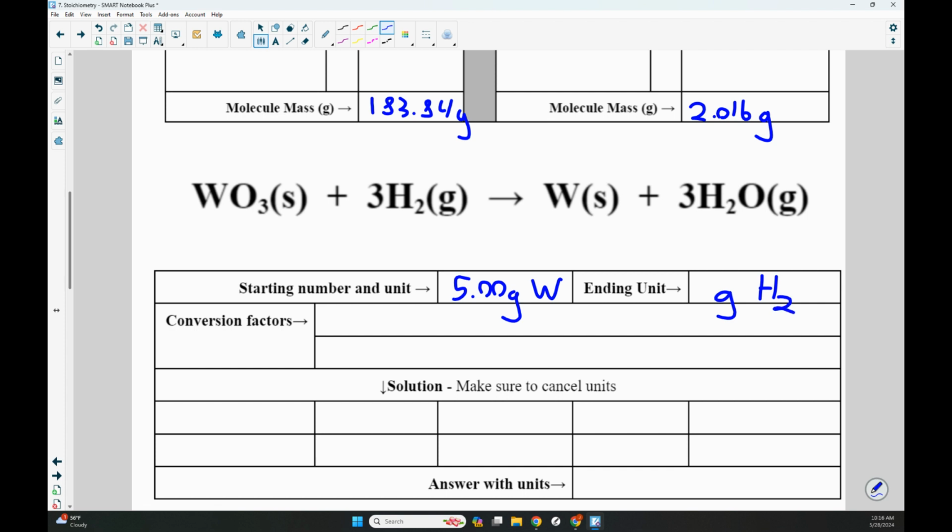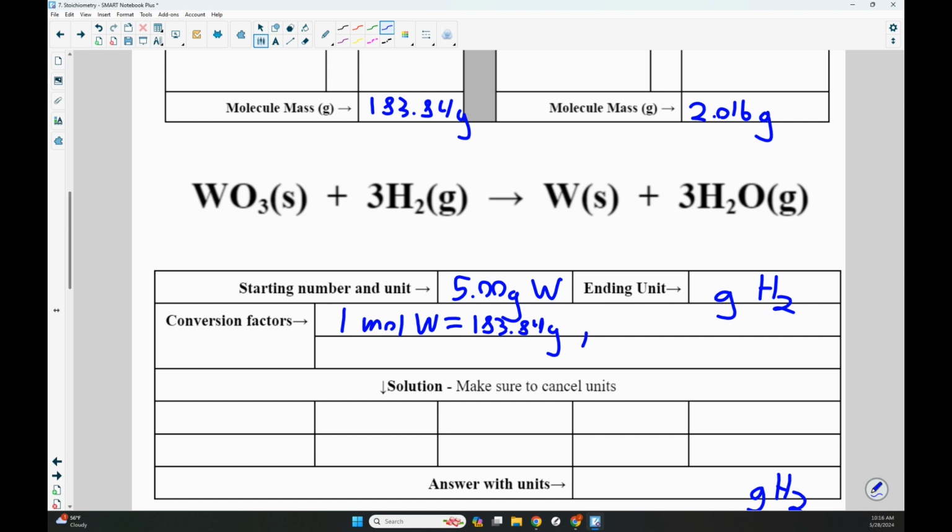So we can go ahead and put grams of H2 in for our answer. So the first conversion factor is the one that's going to help us convert from grams of tungsten to moles of tungsten, and that is this relationship. 1 mole of W equals 183.84 grams of W. So that's our first conversion factor.